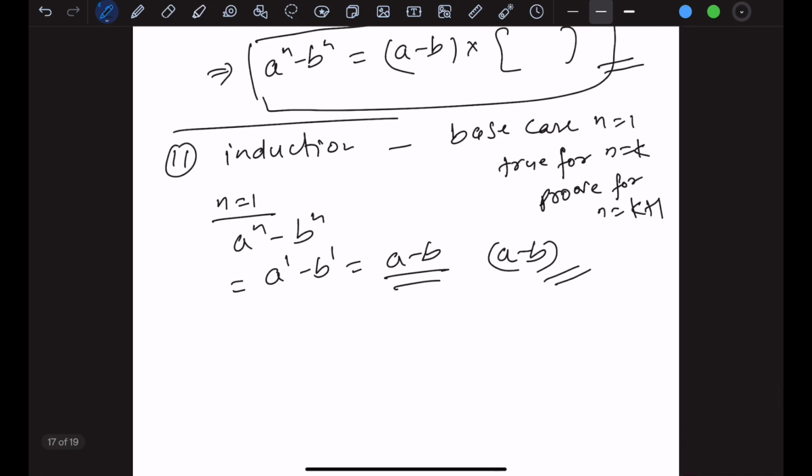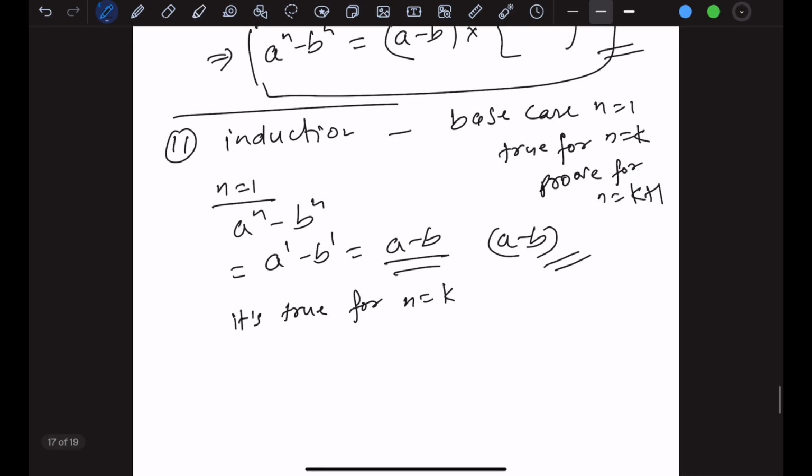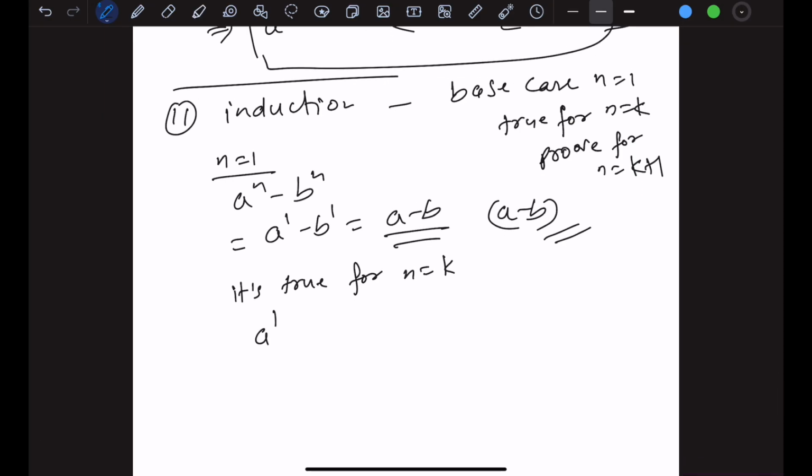Now let's assume it's true for n is equal to k. So we have a to the power k minus b to the power k. Since we have assumed it's true for n is equal to k, that means this part I can write as a minus b into something.